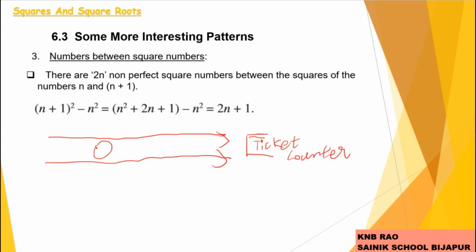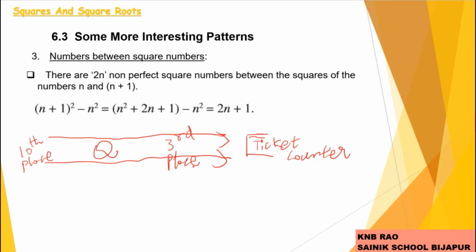So you have got a big queue standing to buy a ticket. In front of the ticket counter we have got a big queue. Let's say you are the third fellow in that queue. You happen to see one of your friends coming and standing at 10th place.